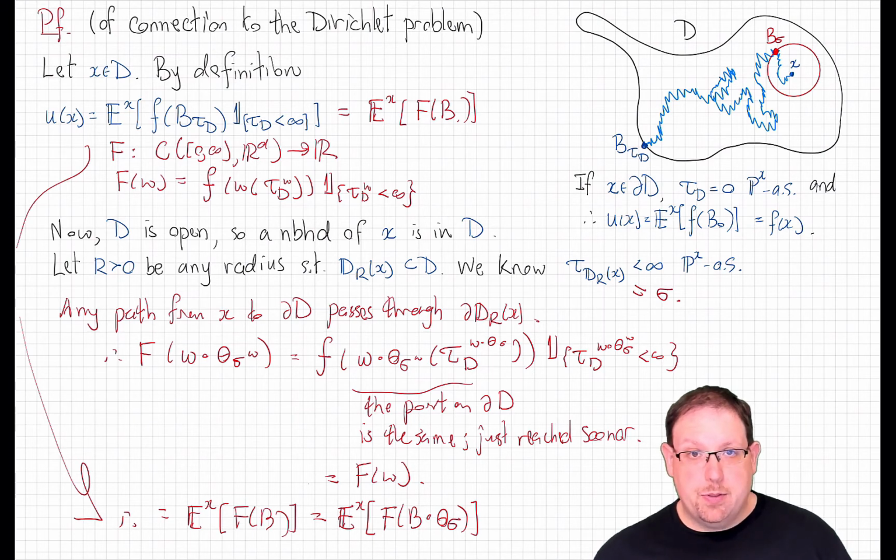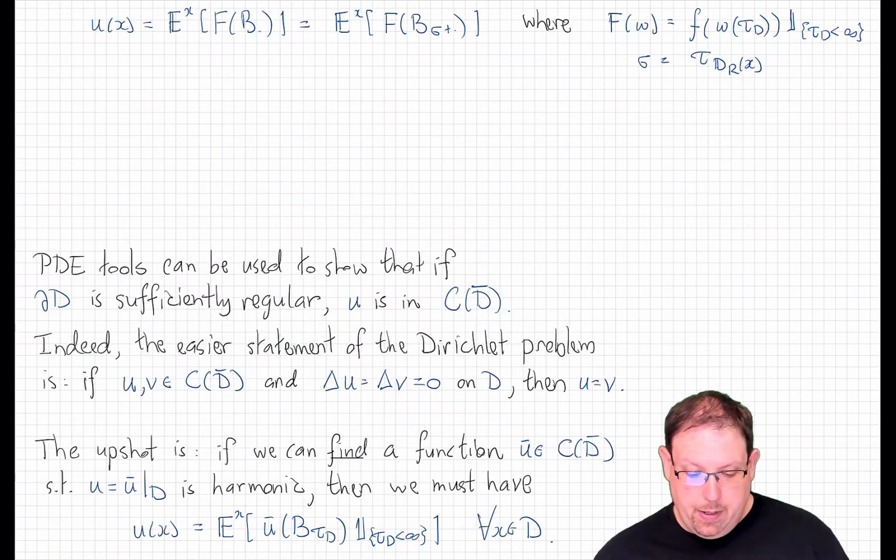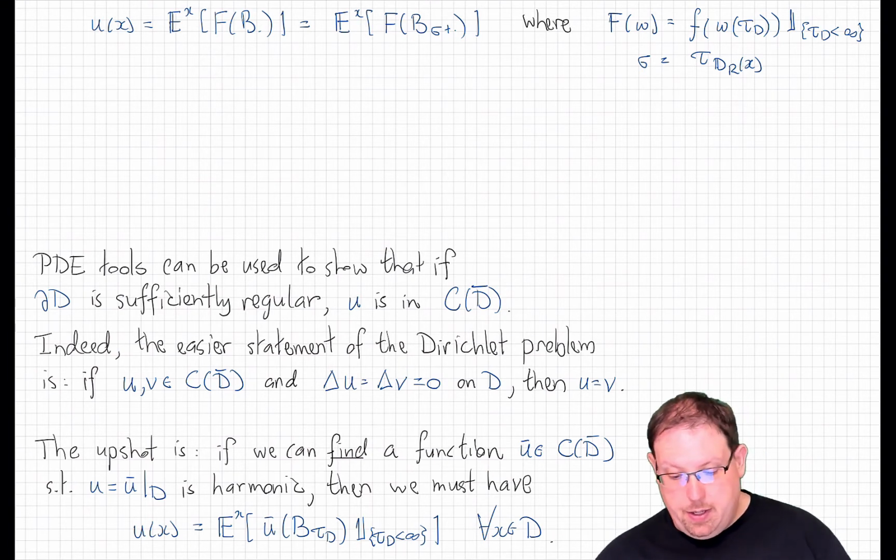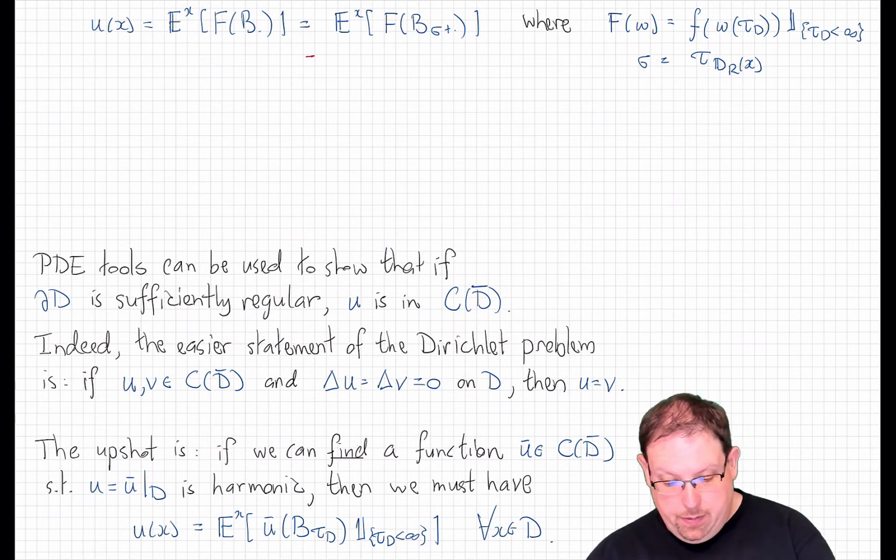That sets us up to apply the strong Markov property. Of course, we also need to condition on the appropriate sigma field associated to this stopping time sigma, but we can use the Tower property for that because we're taking an overall expectation here.